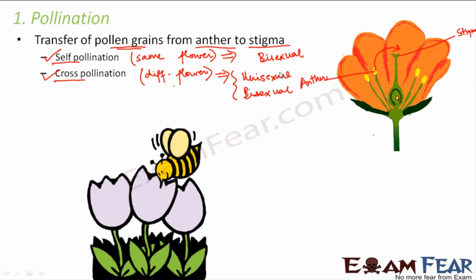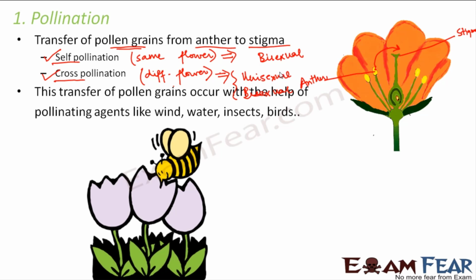Who will carry these pollen grains? For that, we have some special agents whose job is only to carry the pollen grains. This transfer of pollen grains occurs with the help of pollinating agents. Those objects which carry the pollen grains from the anther to stigma are known as pollinating agents. Examples of pollinating agents are wind, water, insects, birds. Now you can understand why bees get attracted towards the flower.